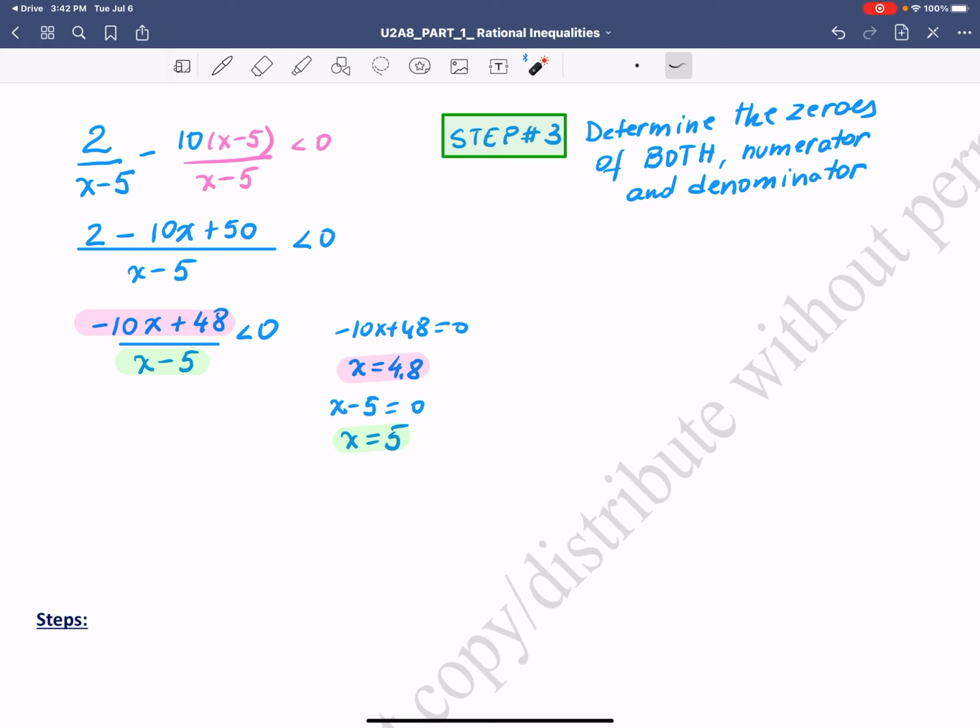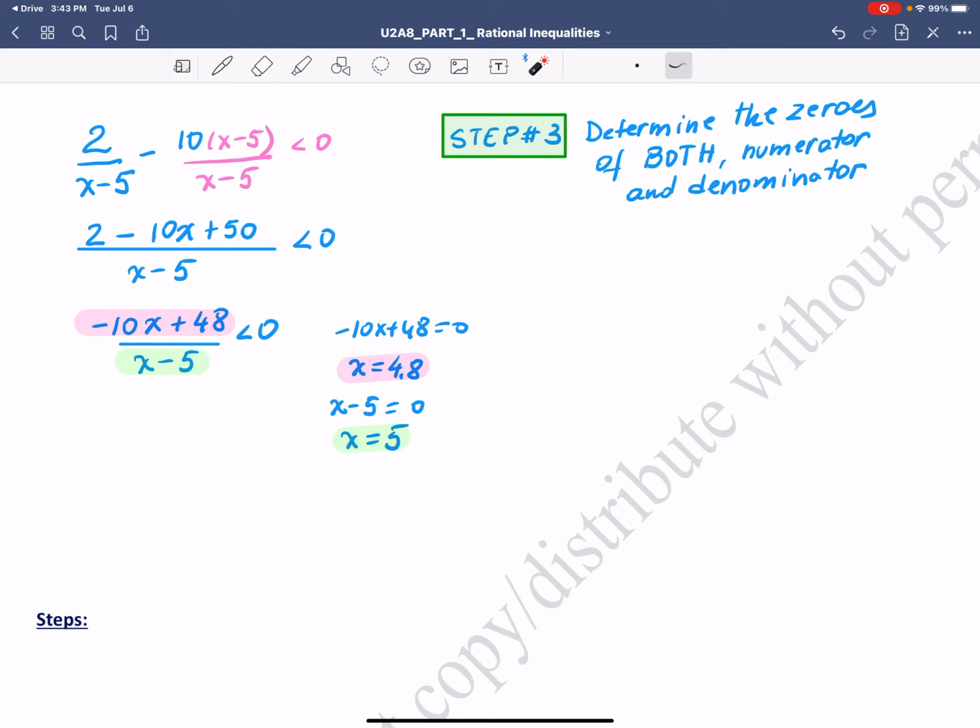So in other words, this becomes a matter of knowing what the sign of the numerator will be depending on the values of x and what the sign of the denominator will be depending on the value of x. And in order to find out for what values of x this will become negative, we will have to study the sign of both numerator and denominator.